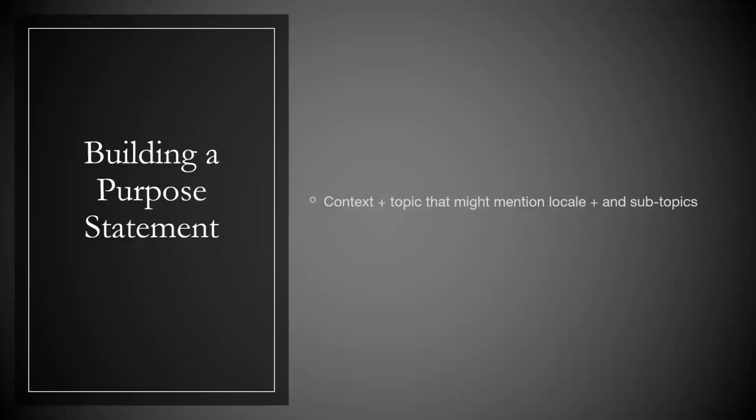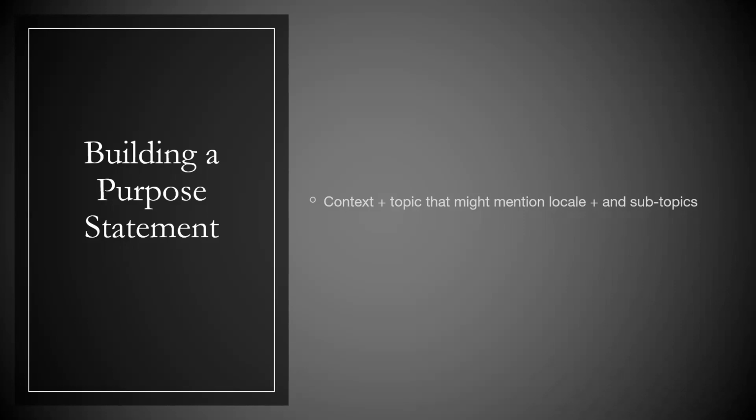And how can you build a strong purpose statement? You can practice using the formula on the screen. You start with the context. So that's just maybe a signal phrase or some contextualizing statement to start the sentence. You can start with the purpose of this report is, that's a default, it's fine to use it.